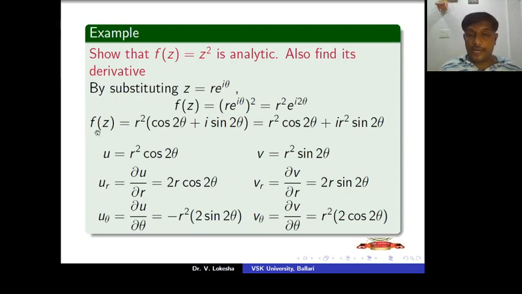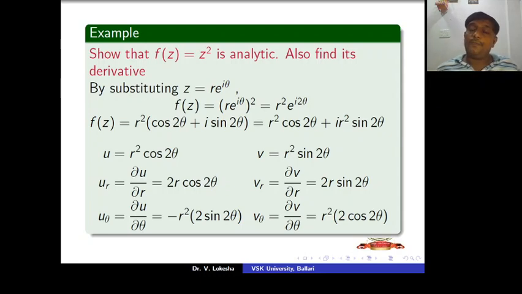Here this function becomes f of z is equal to r square into cos 2 theta plus i sin 2 theta. Then this becomes r square cos 2 theta plus i into r square sin 2 theta. If f of z is equal to u plus iv, then separate real and imaginary parts. Then you get u is equal to r square cos 2 theta, v is equal to r square sin 2 theta.